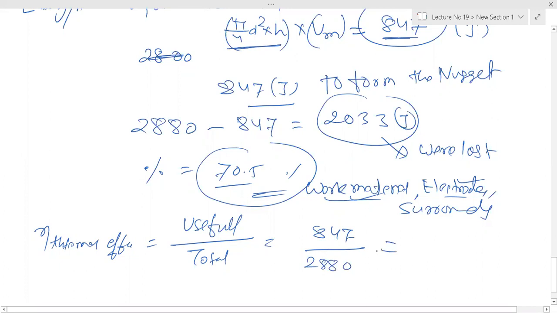What is the answer? Tell me. It is 29.45, so only 29%. So the thermal efficiency is only 29%.